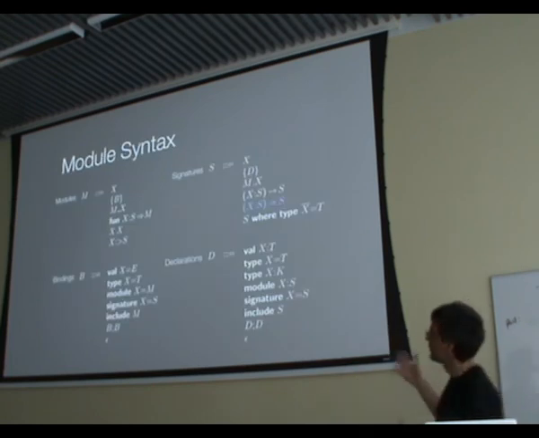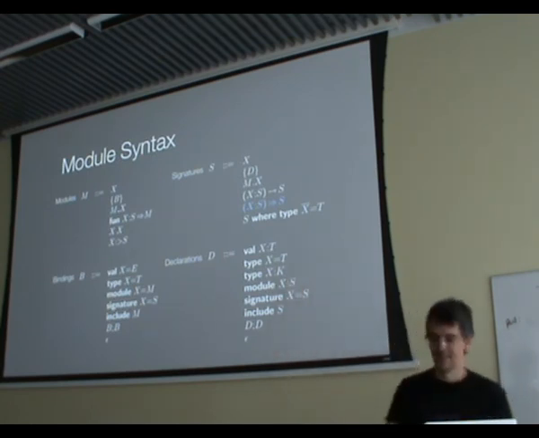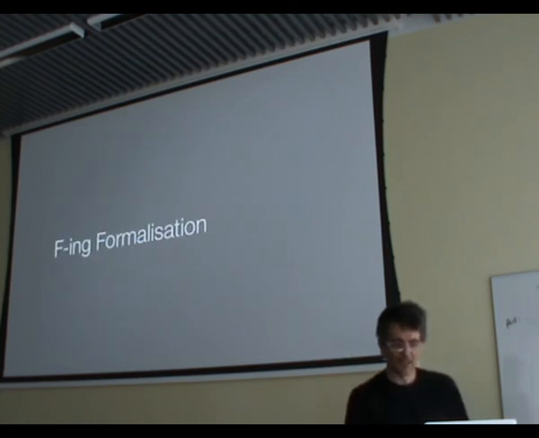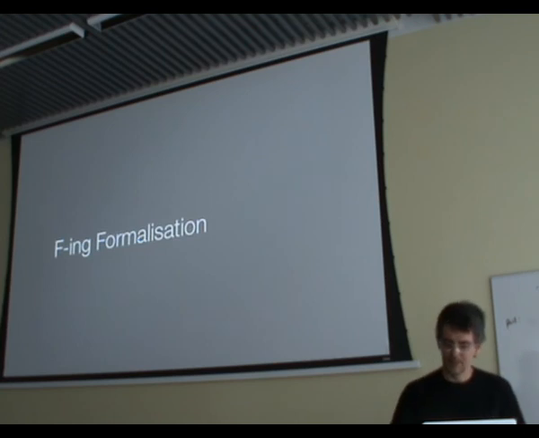So overall, we are almost not changing the language. This is roughly an idealized form of ML, and the only thing we are adding is pure functor signatures. I won't really have time to go through the formalization here, but we did that, as I said, in the F-ing modules approach.